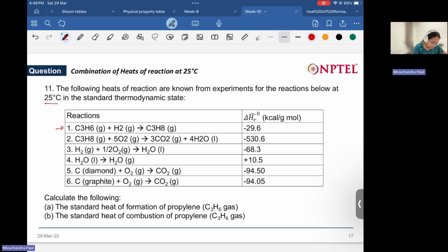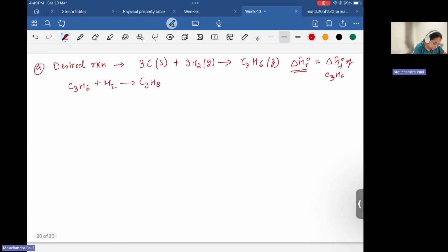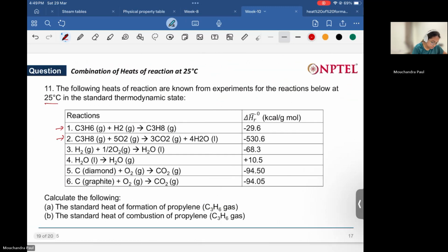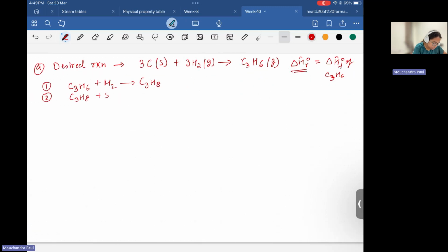If you add reaction 2, which is C3H8 plus 5O2 gives 3CO2 plus 4H2O.